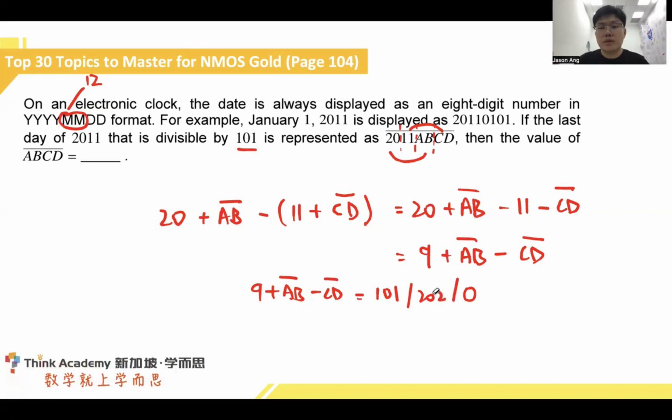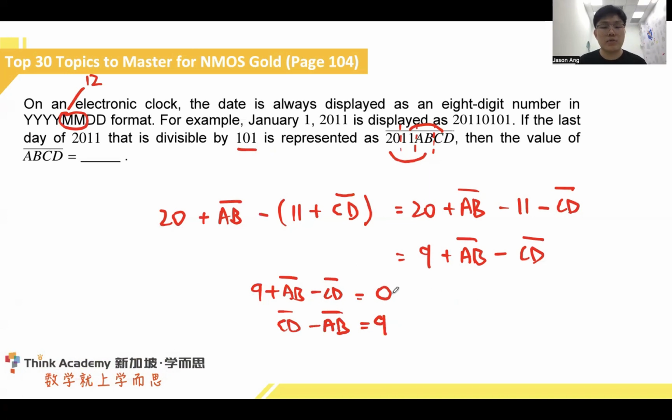Actually, we can consider using 0 as well, because technically the number 0 is divisible by all other numbers, since it will leave a remainder of 0 anyway. So why don't we write it in this manner over here? You write that 9 plus AB minus CD gives us the value of 0, which means that CD minus AB has to be a difference of 9.